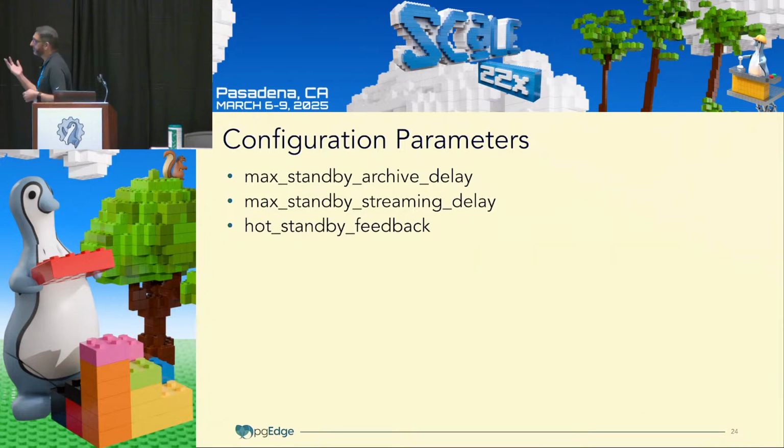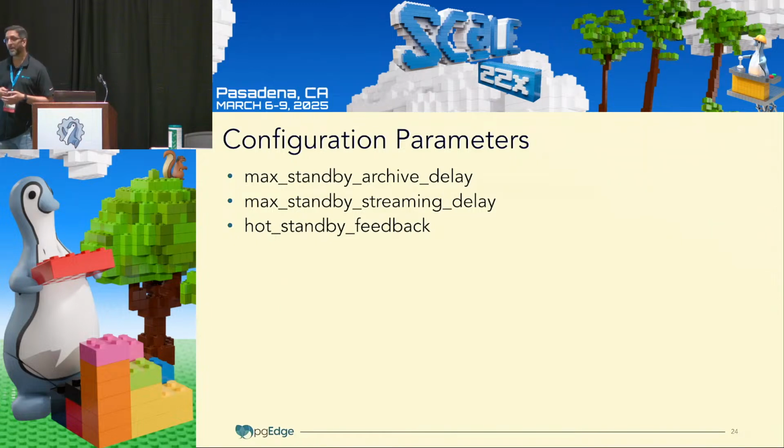There are a couple of parameters that are simple and easy to remember. You have max_standby_archive_delay and max_standby_streaming_delay. They serve different purposes. Archive is essentially for recovery. Streaming is when you're streaming the transaction and processing that stream of WAL data.